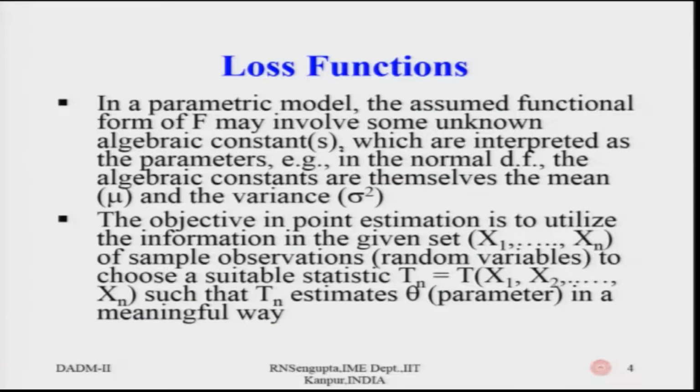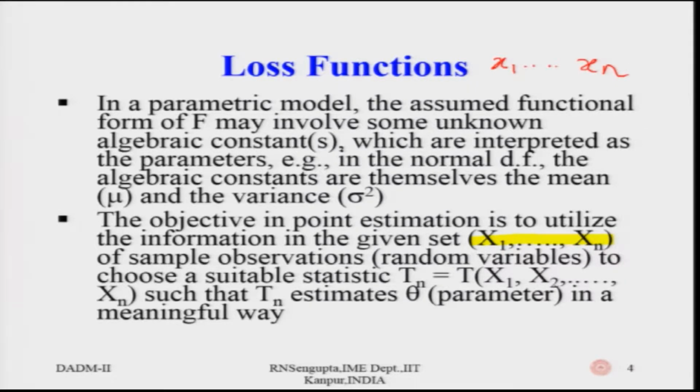So, when you pick up a set of observations, they are random variables, x1 to xn. When you pick them up and they are realized, they become small x1 to small xn, so they are known to you. These are the sample observations.